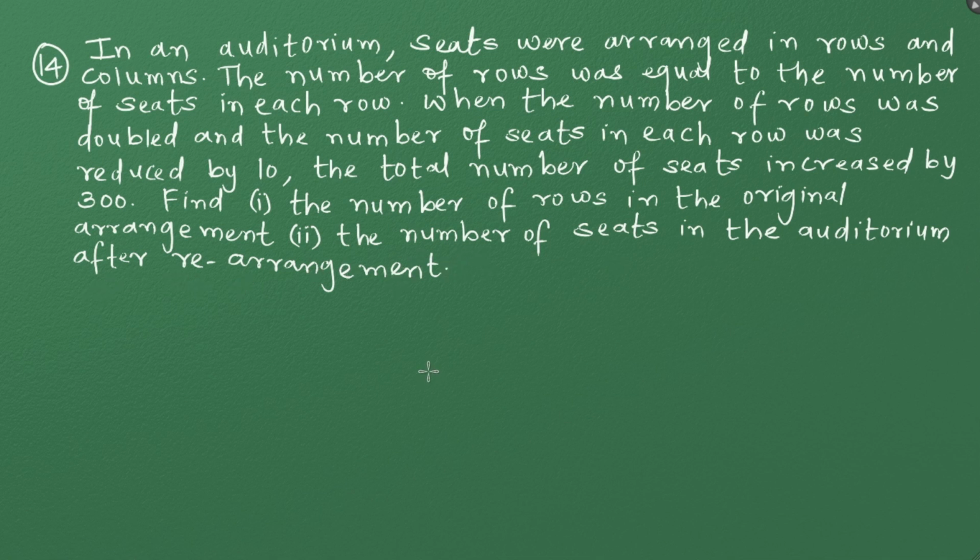So let's say the number of rows in the original arrangement be x. Now if the number of rows is x, then the number of seats in each row is also x, because the number of rows is equal to the number of seats in each row.